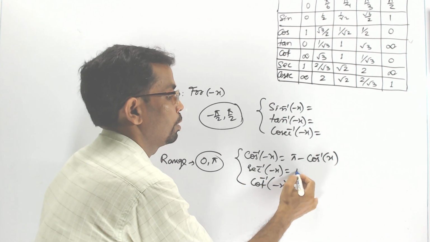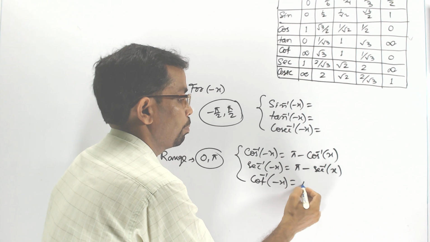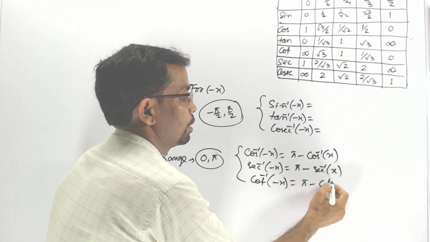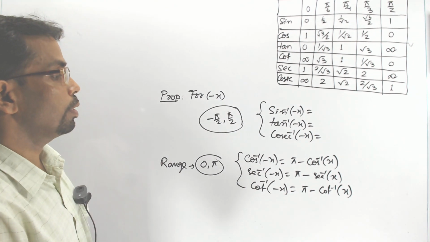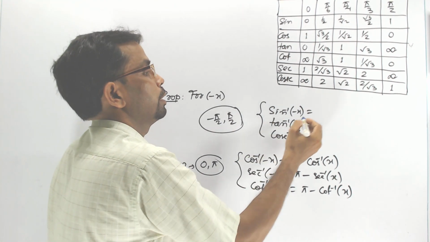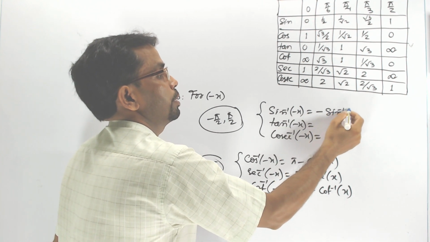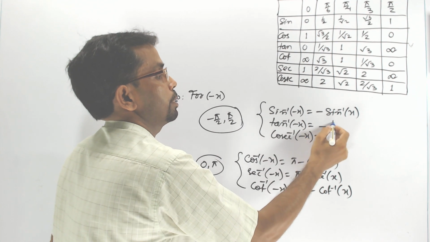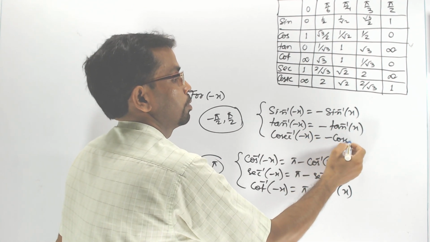Same here also, pi minus sec inverse of plus x, pi minus cot inverse of plus x. So these three are in the pi minus group, but in the other three you can directly take minus. So sine inverse minus x is minus sine inverse plus x, minus tan inverse x, and minus cosec inverse x.